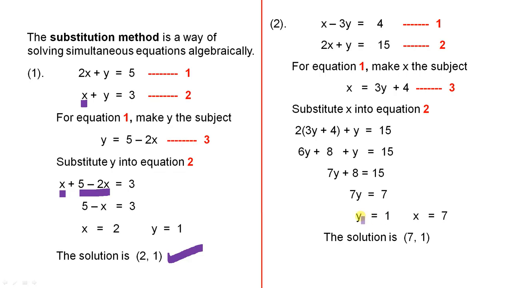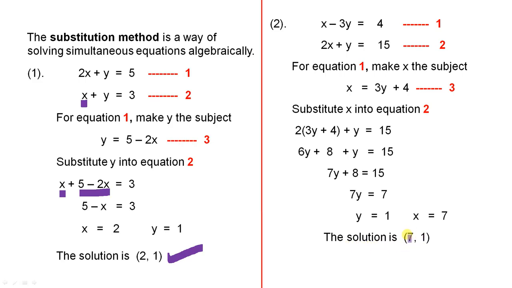So if we substitute the value of y equals 1 in here, that gives us 2x plus 1 equals 15. We can see straight away by inspection that x is 7, because 2 7s are 14, plus 1 equals 15. So x is 7, so the solution is 7, 1.